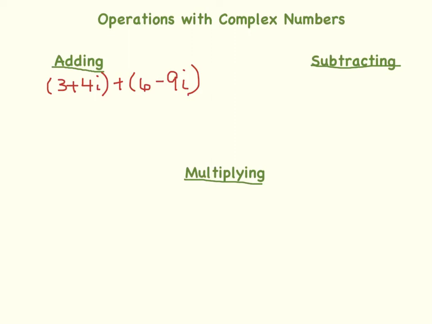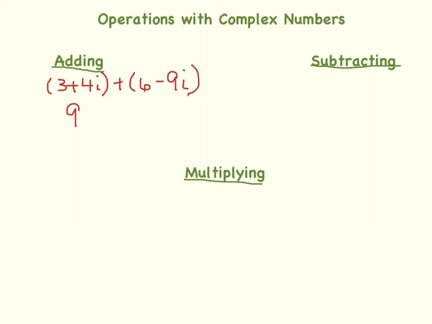So if I look, I've got the number 3, and that like term would be the number 6. So I'm just saying 3 plus 6, which is 9. So I'm just going to write 9. And now I'm ready to combine the like terms of 4i and minus 9i.